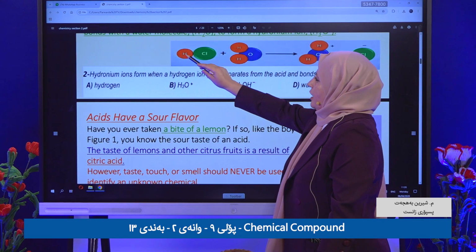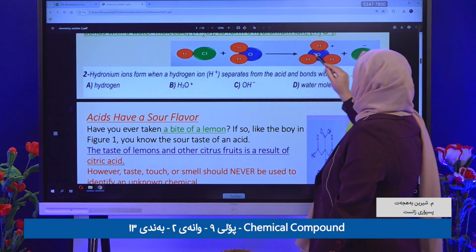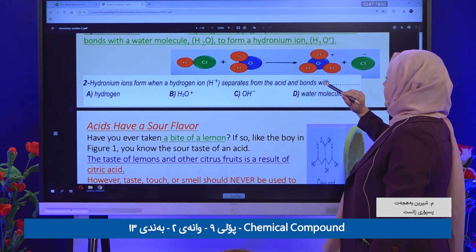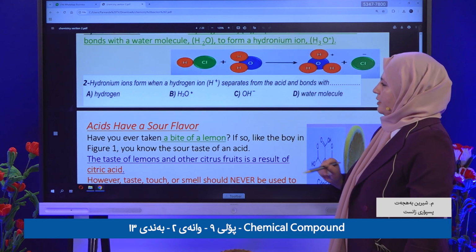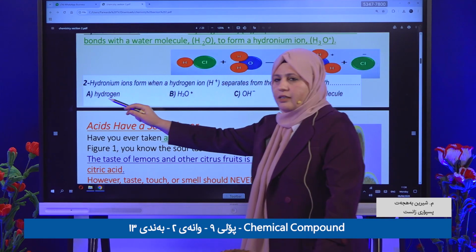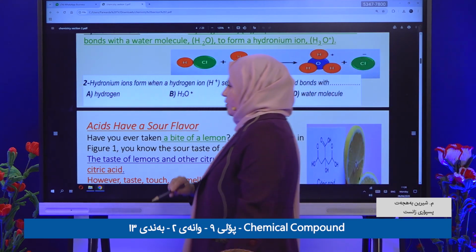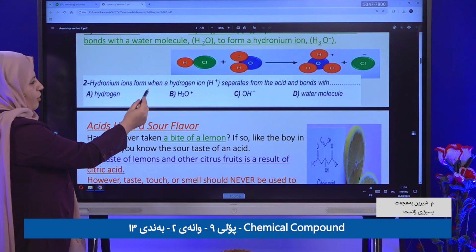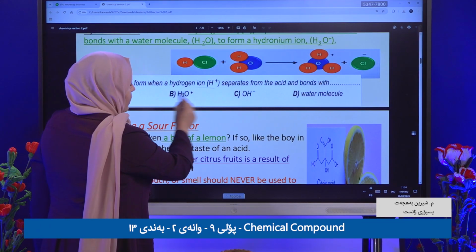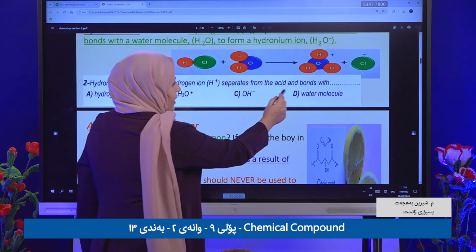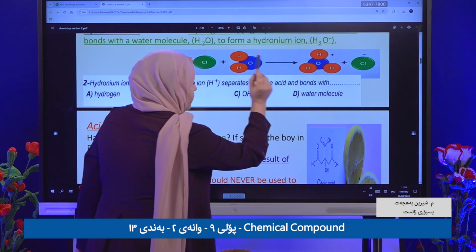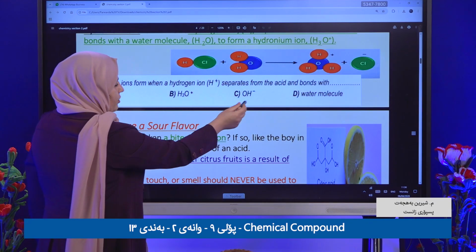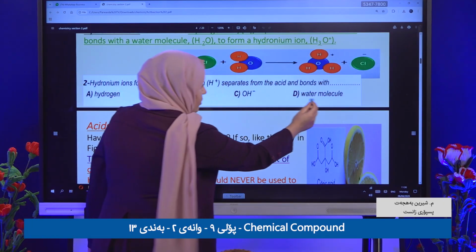The hydrogen separates from the acid and bonds with water. This is an example from the national exam: a hydronium ion forms when a hydrogen ion separates from the acid and bonds with what? Hydronium ion, hydroxide, or water molecule?